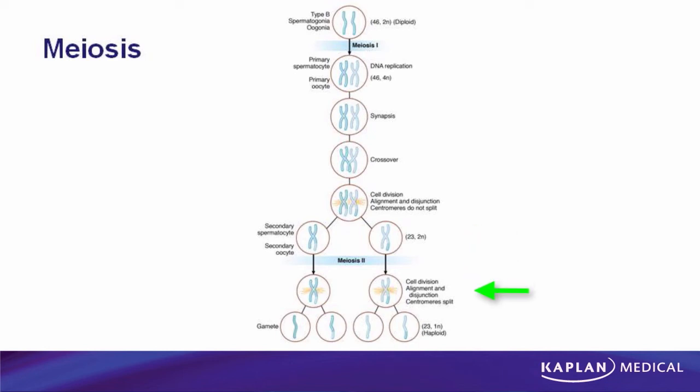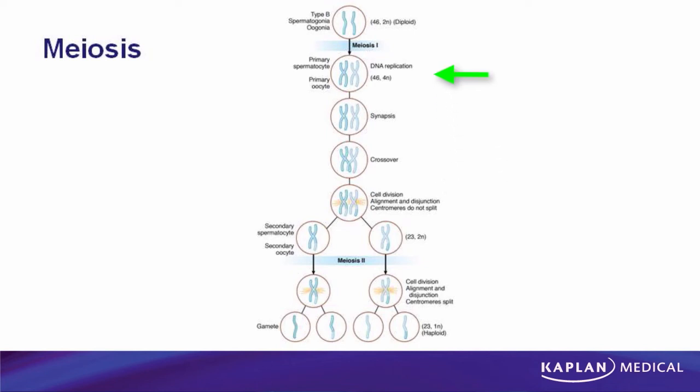And when they divide, we end up with four cells. Those are the spermatids. So we end up with four sperm developing from a single primary spermatocyte. That's what happens in males. In other words, each time the nucleus divides, the cytoplasm divides, it gives us two cells.